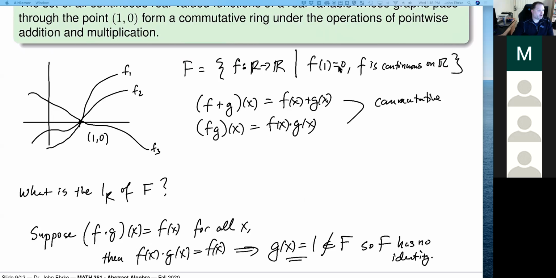I couldn't say f(1) equals 5, for example, because then if you plugged in 1, you'd get 5 plus 5 is 10, and the sum of the two functions wouldn't pass through 5. 0 is really important here so that we maintain closure. So the choice of picking the point (1, 0) was not an arbitrary choice. It was chosen so that the ring wouldn't have identity, but still maintain closure. This is a really interesting example to think about.